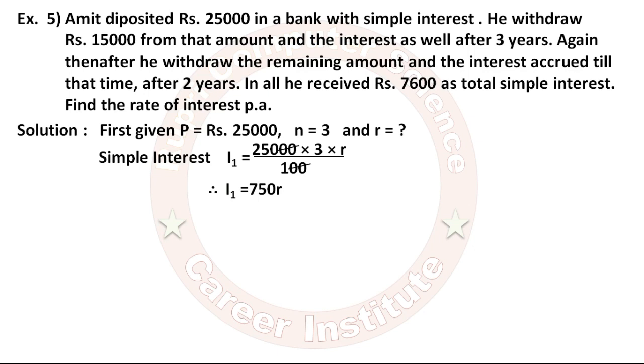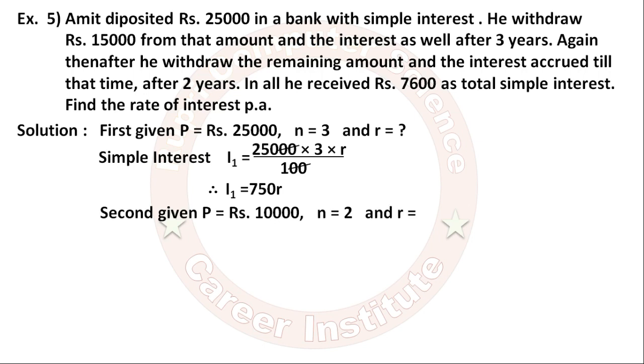Next, secondly, given P is equal to rupees 10,000 for 2 years. Therefore, N is equal to 2 and R is in question mark now, as we have to calculate the rate of interest.